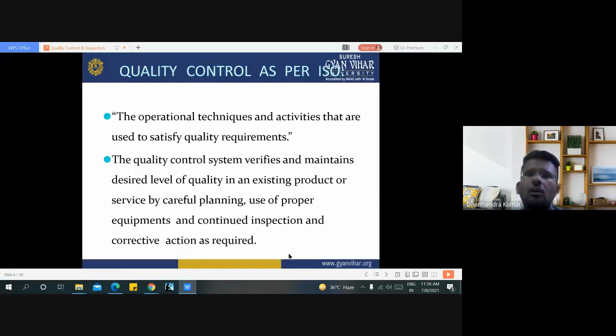Because overall, our aim is to characterize the product as per our desire and requirement.